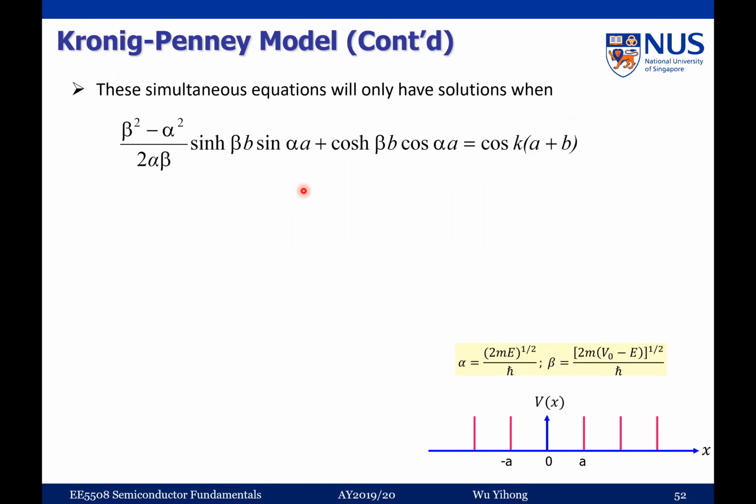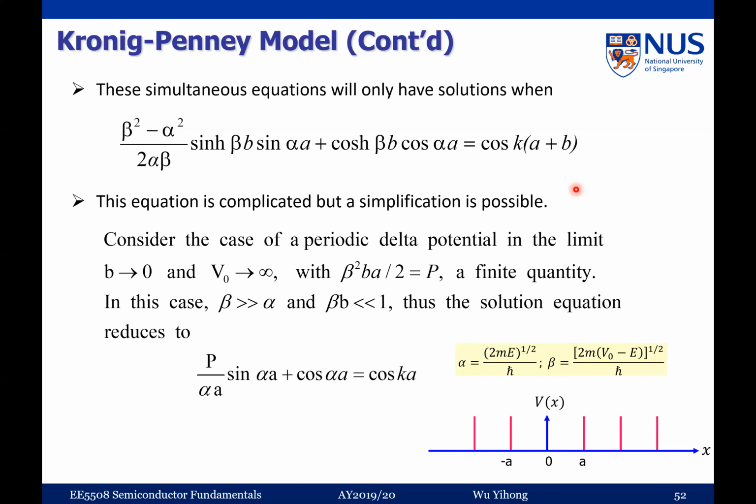But obviously this is difficult to solve. That's why we try to simplify this a little bit by looking at a very simple situation. In our situation, we consider a case where we have this kind of periodic delta potential function. So what does this mean? This means that we let B approach 0.